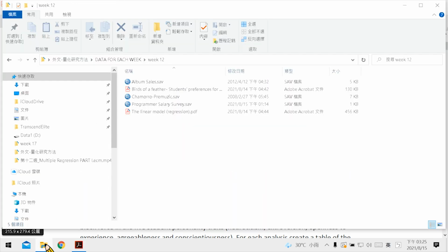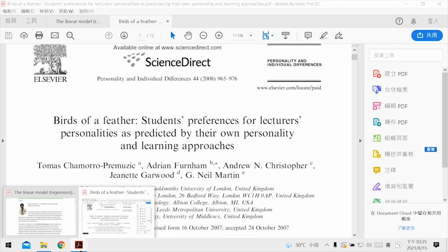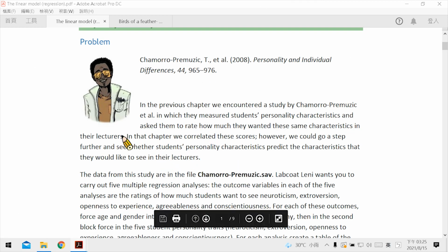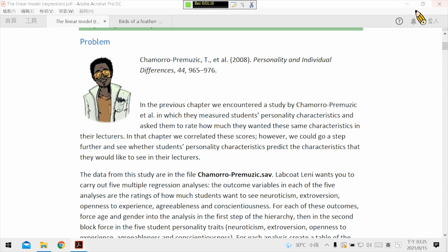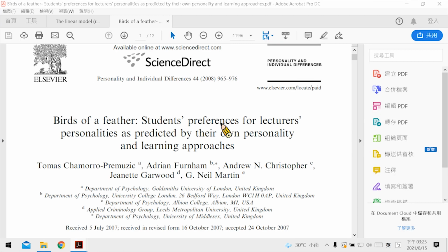You can see the article is this, and this is the author and his question. First we read the question. Okay, you see the article.